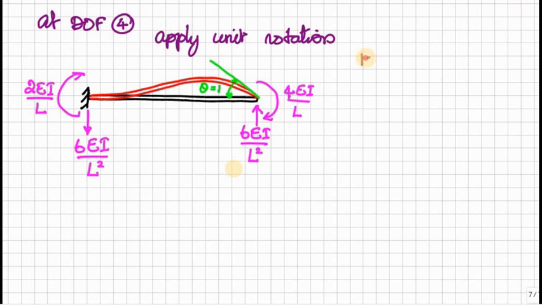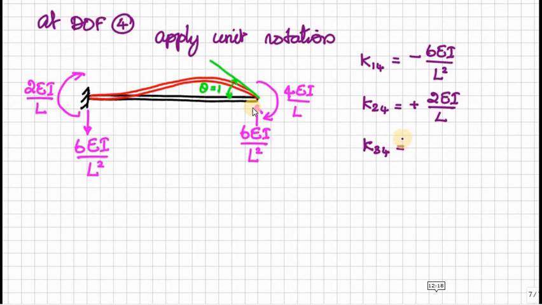So from this figure, we can easily get the values of K14, K24, K34 and K44. This is nothing but minus for K14, this is K24 positive, this is K34, also positive because of co-direction, and finally K44 is also in positive sense.